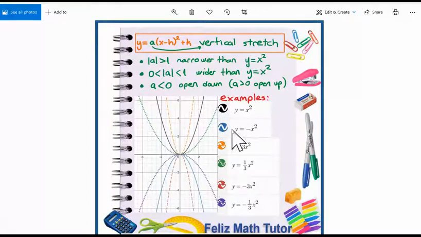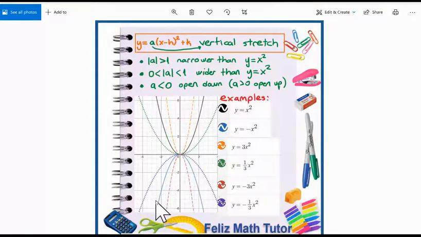So let's talk about this example here. In the first example, it's my original function, and a is positive 1. So it's the normal function, and we are not doing anything. In the second example, a is -1, which is less than 0, so it opens down. My blue function here opens down, as you can see.